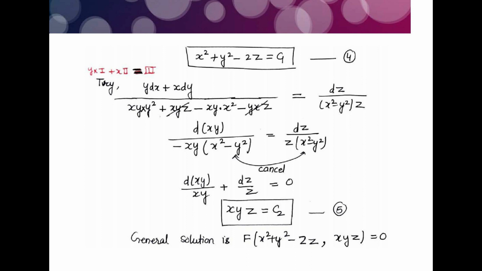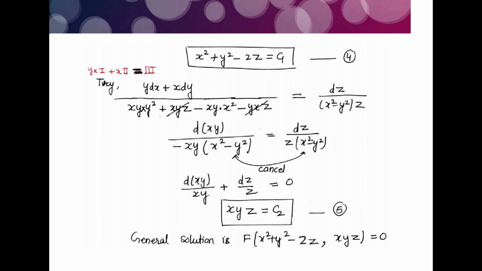Now we can have one more combination, y times the first ratio plus x times the second. In the first combination we tried to cancel the z part. Now we are trying to eliminate the x and y terms, and let's see what will happen. So we have y times first plus x times second. Then I will compare this with the third ratio, that is dz. So we have this type of combination, y dx plus x dy.